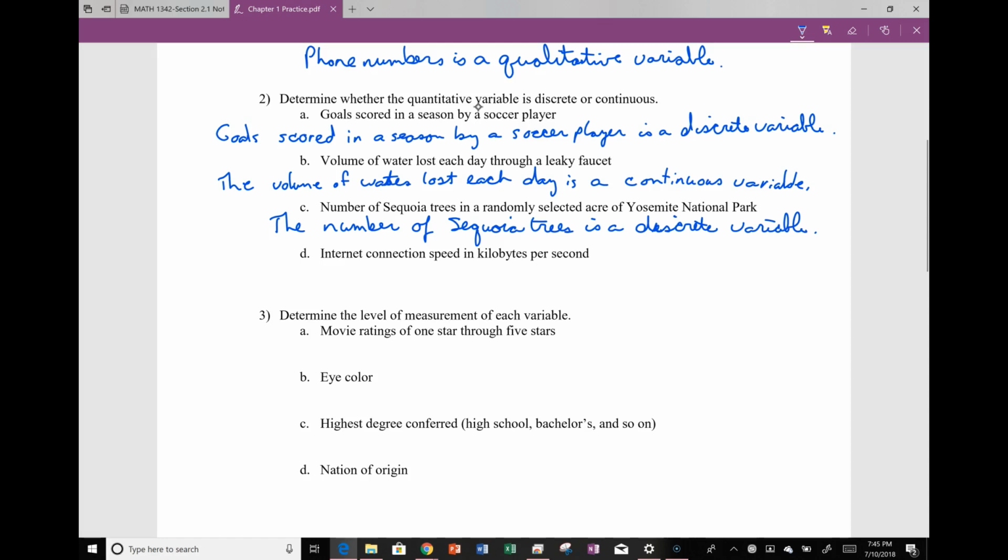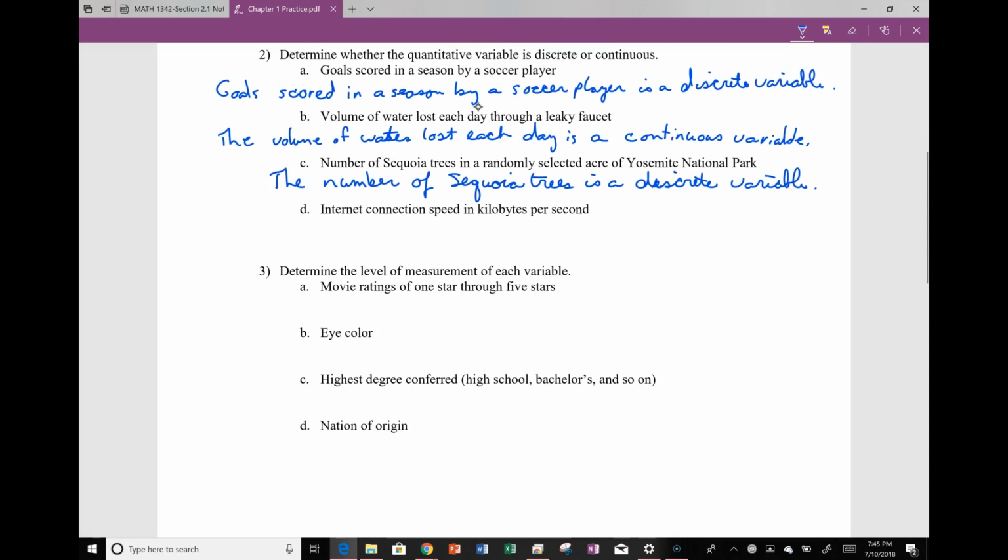So let's look at internet connection speed in kilobytes per second. So think about a kilobyte. 50 kilobytes, 75 kilobytes, 80 kilobytes. Can it be 50.2 kilobytes? Or 50.8 kilobytes? Think about during storms or something. We may go down to 21.5 kilobytes.